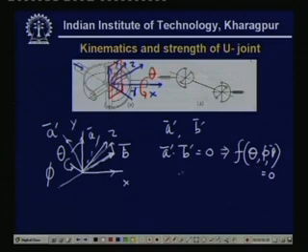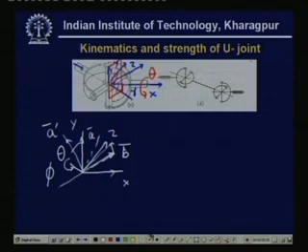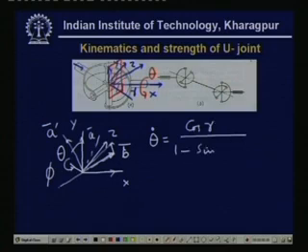Now when we differentiate once, so if you differentiate with respect to time this entire expression f of theta, phi, gamma equal to 0, you get this following relationship, that is theta dot is equal to cosine gamma divided by 1 minus sine square gamma cosine square phi times phi dot.